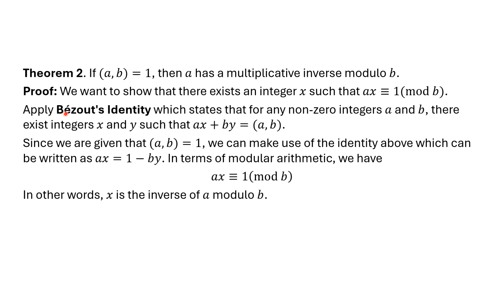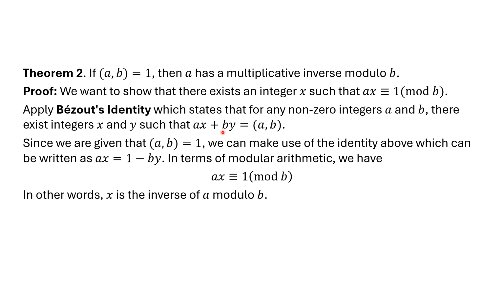So we'll make use of Bezout's identity again, which states for any non-zero integers a and b, there exist x and y such that ax plus by equals the GCD of a and b. And we're given that the GCD of a and b is 1, so we can make use of this identity, with the GCD of a and b substituted in as 1.